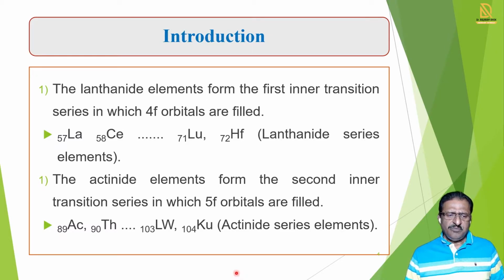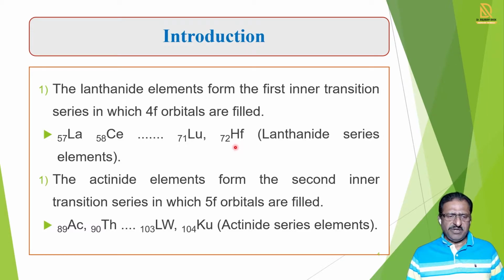The lanthanide series starts from lanthanum, atomic number 57, and the next element is cerium, atomic number 58. There are many elements afterwards, and the last element is lutetium, atomic number 71, after which comes hafnium, atomic number 72.